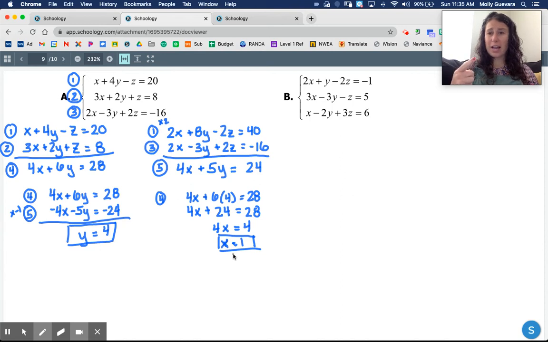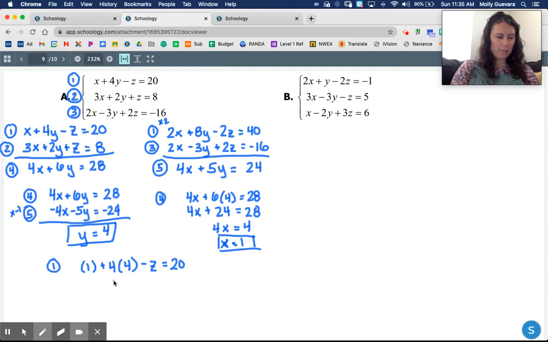So now I know y, I know x. Now I need to know z. The only equations that have a z in them are equations 1, 2, or 3. I'm going to pick one of those and plug this in. I'm going to go with equation 1 because those numbers seem easier. So I have x, which is 1, so 1 plus 4 times y, which is 4, minus z equals 20.